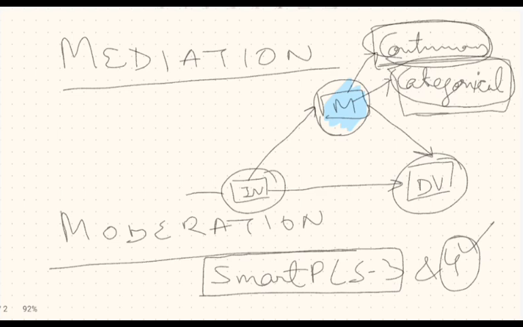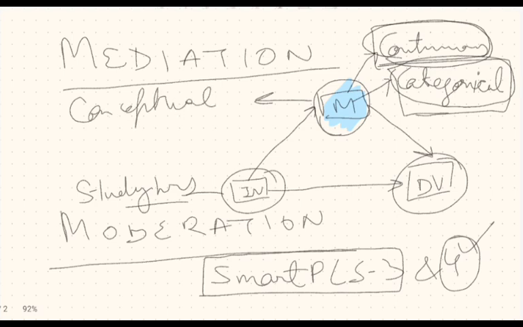Say the independent variable is study hours, the number of hours put in by a student to study. The mediator is conceptual understanding, that is, whether the student understood or not. And the dependent variable is marks secured in the test. So if you say that study hours affect the marks secured by the student, ideally they cannot affect directly.